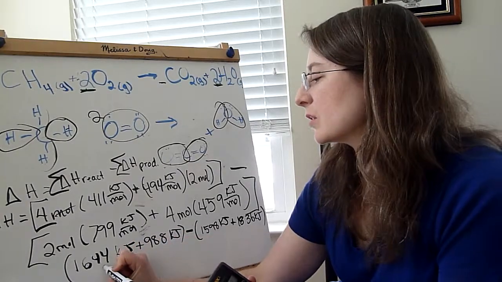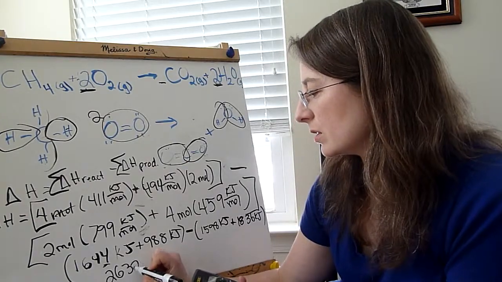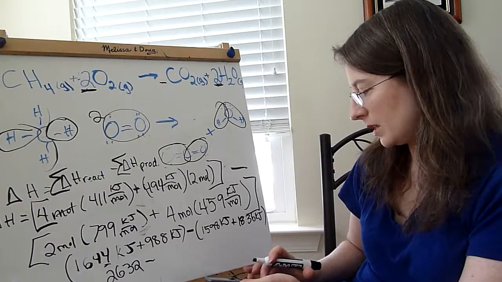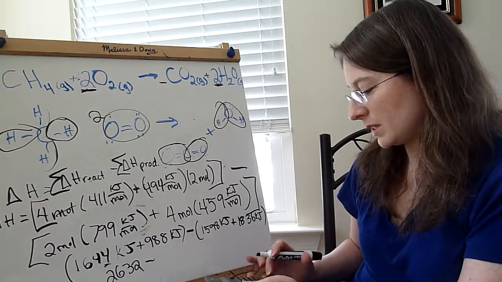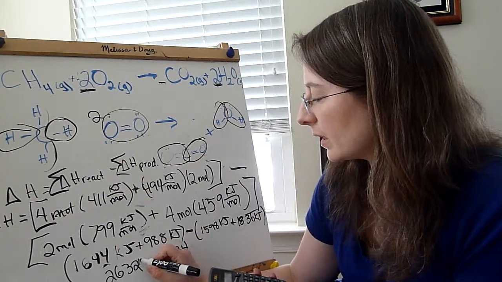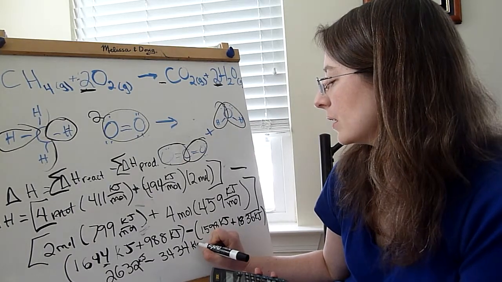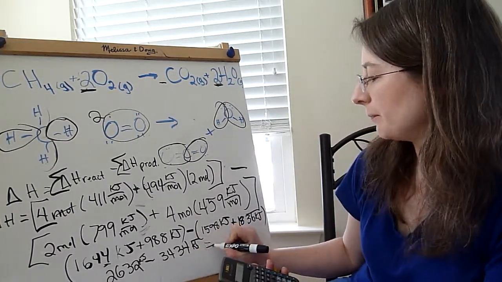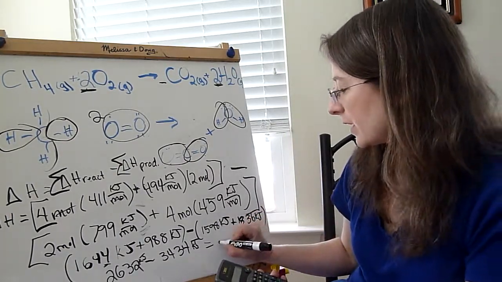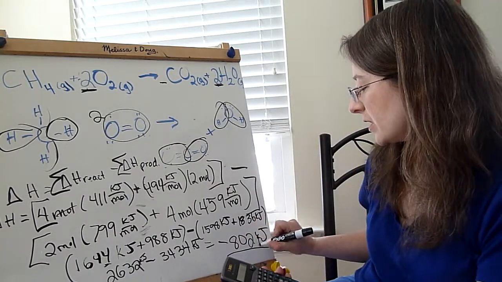Everybody has significance to the ones place, so we can keep a ones place everywhere. So this is 2632 minus 1598 plus 1836, 3434, both in kilojoules. So then 2632 minus 3434. Okay, so I get negative 802 kilojoules for bond energies for the combustion of methane.